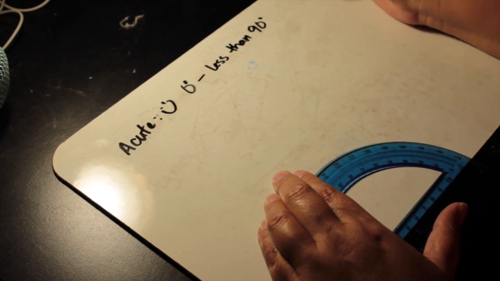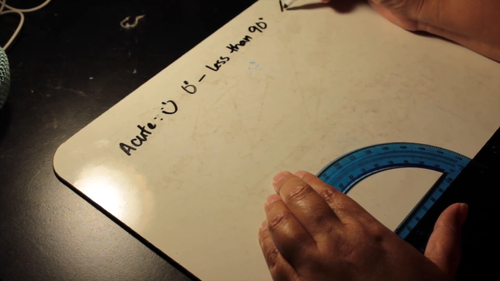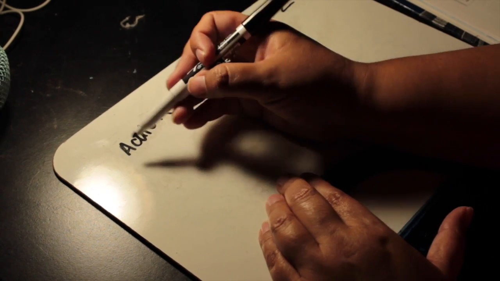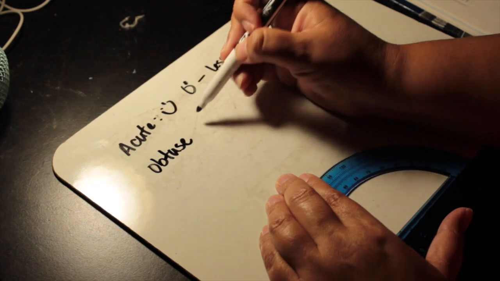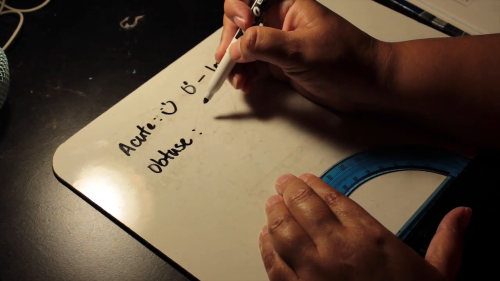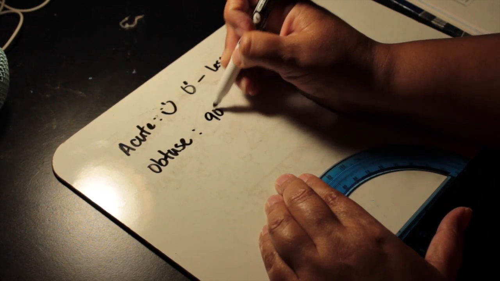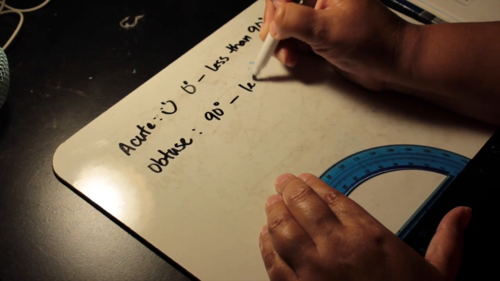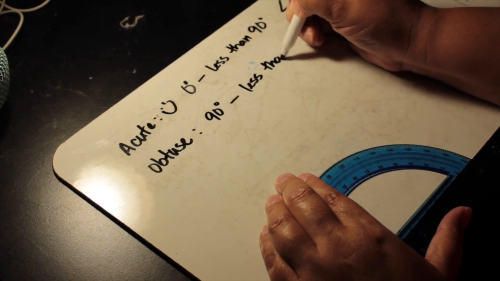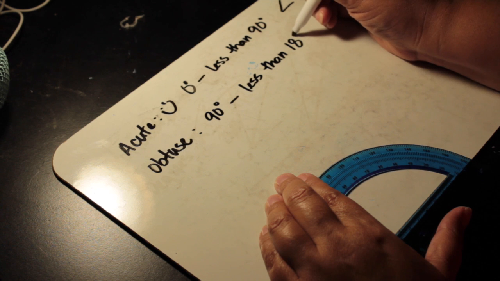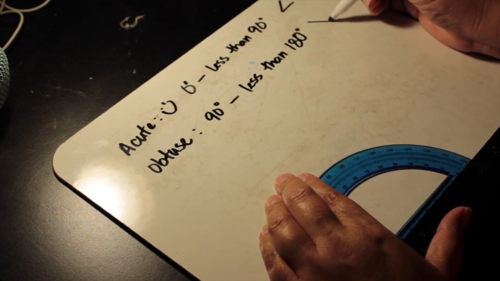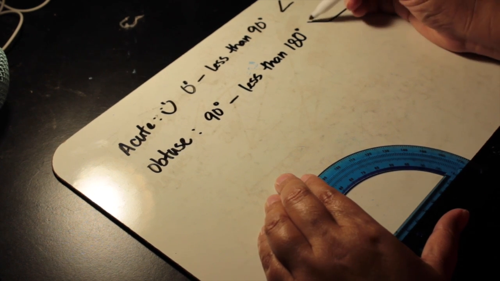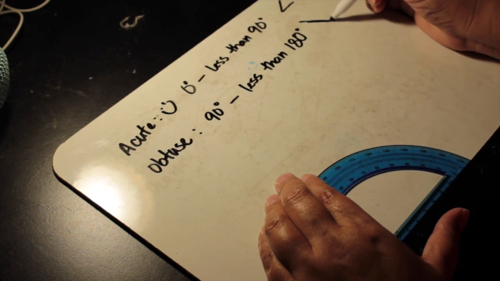So an acute angle would be maybe something like that. And then an obtuse angle would be 90 degrees to less than 180 degrees. Does that look like an obtuse angle?